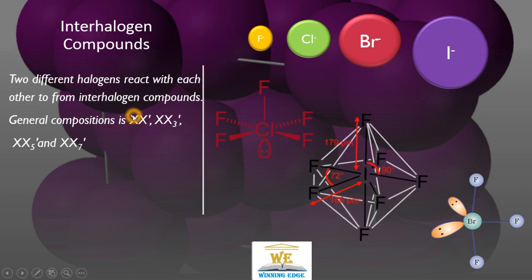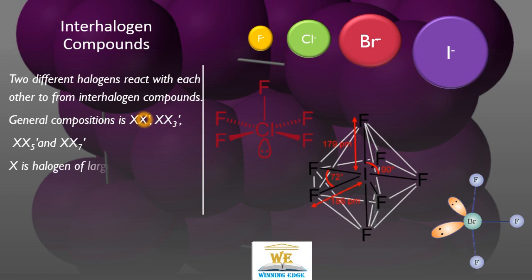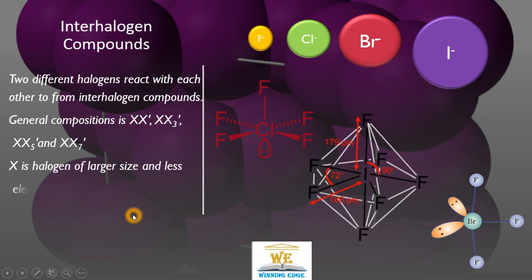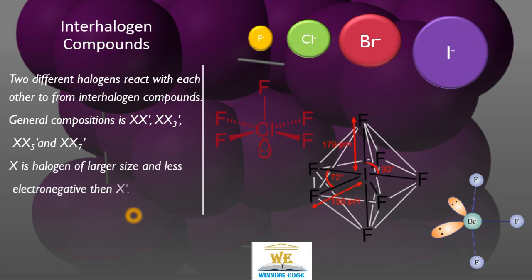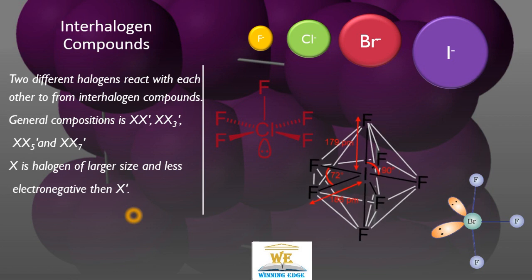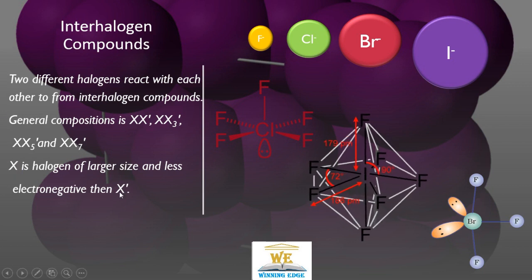Basically X is cationic and X' is anionic. That is the reason X is cationic, because it's less electronegative than X'.